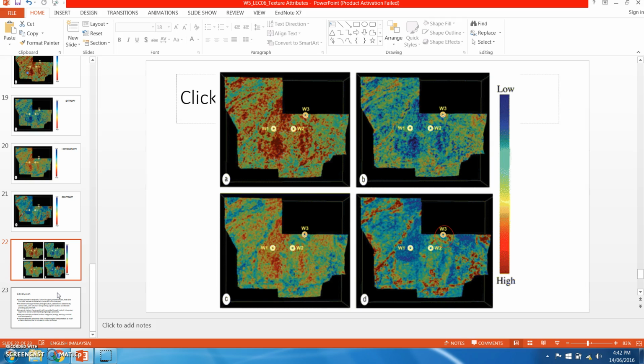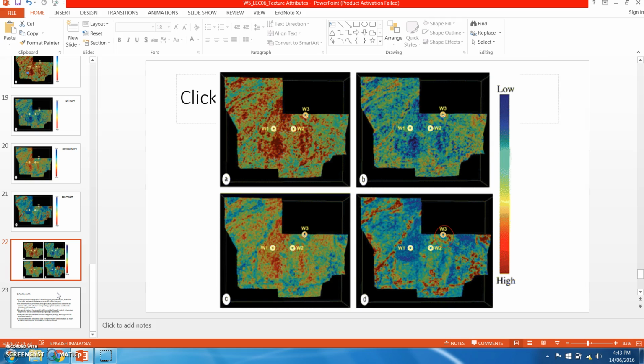While it is possible to interpret the productive sand with other methods such as logs, we can also use texture attribute displays to provide a more convincing and intuitive presentation of our geological area and show the spreading of our productive sands among the sand channels among the fluvial system.